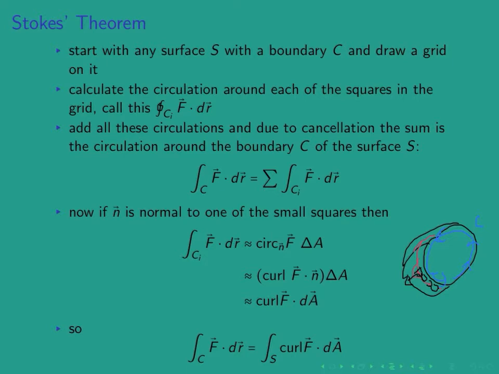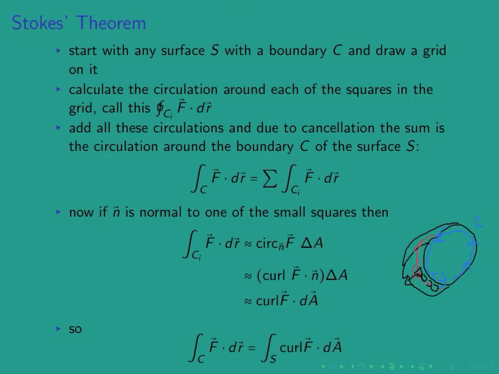So circulation was line integral divided by area, and when I let that area go to 0, that's when this approximation became equality. So here, I've simply multiplied by the area of the interior of C. The line integral on one of those squares is the circulation of F times the area of that small square.